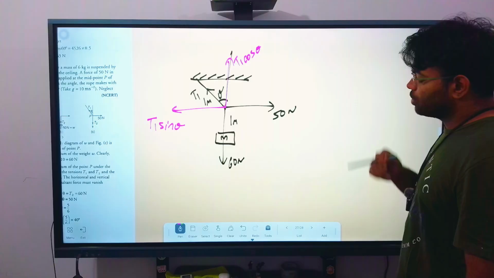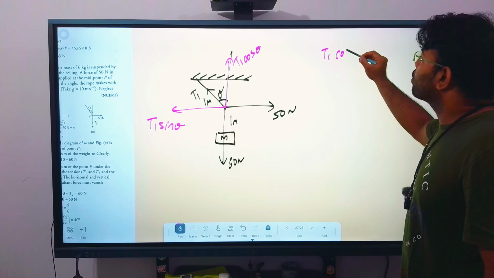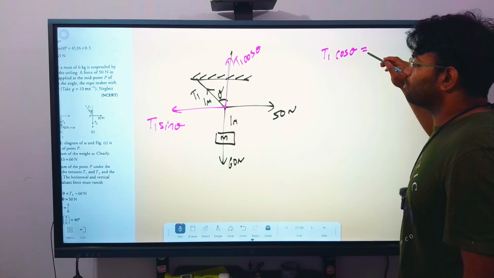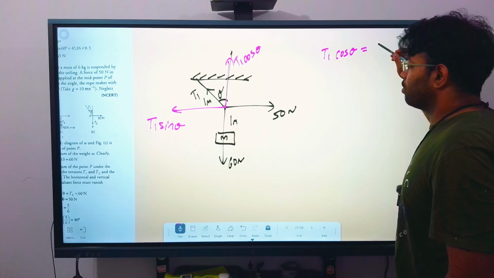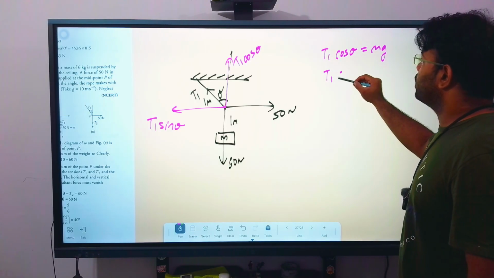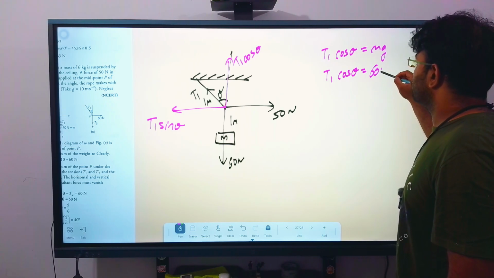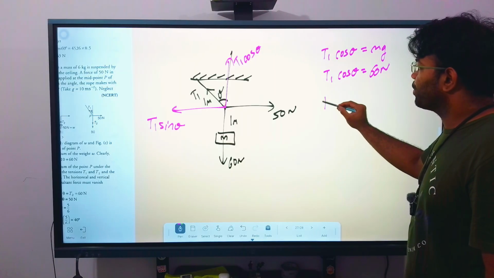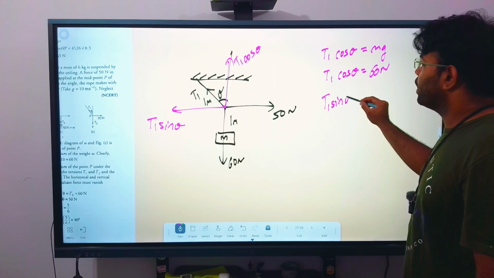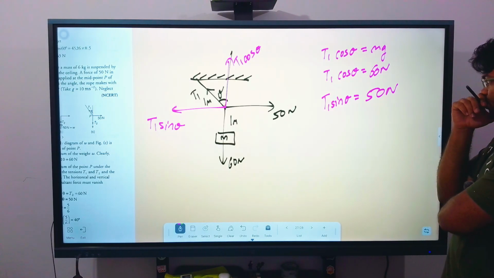So what do I get? T1 cos theta is equal to mg, that is, T1 cos theta is equal to 60 newtons. Similarly, T1 sine theta is equal to 50 newtons.